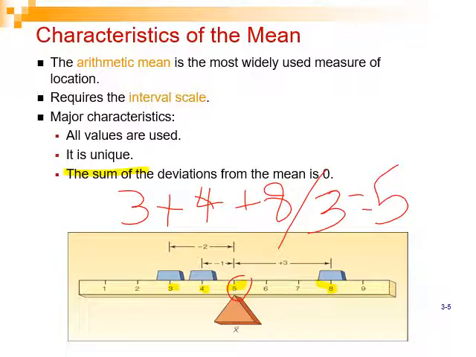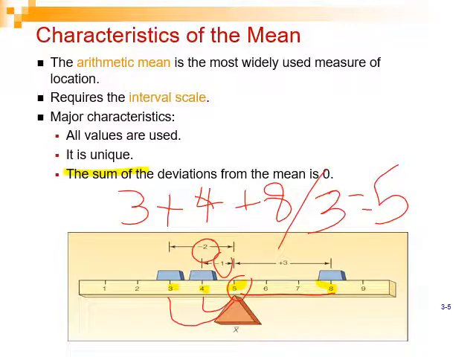What is meant by the sum of the deviations from the mean equaling 0? If we find the deviation from 5 for these points, the difference between 4 and 5 is 1 in a negative direction, so it is -1. For 3 and 5, the difference is 2 in a negative direction, so it is -2.